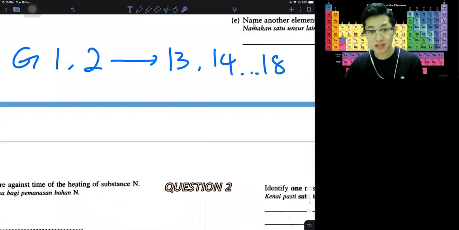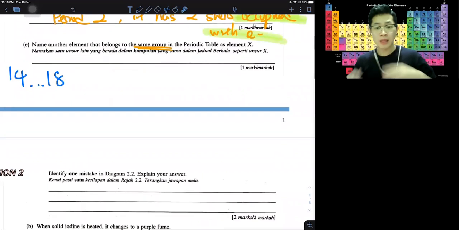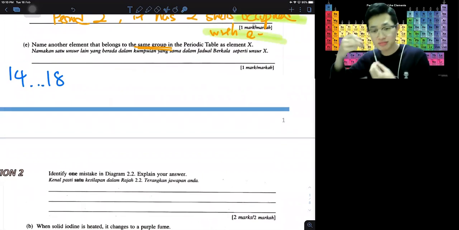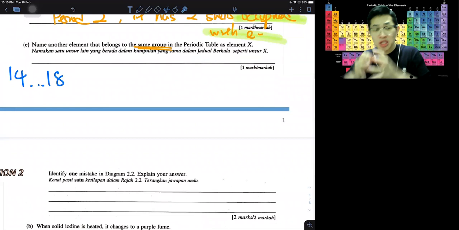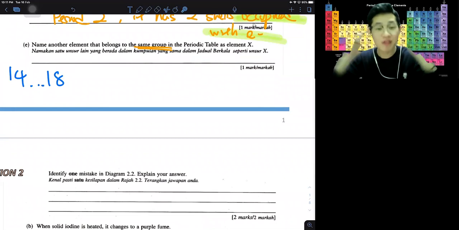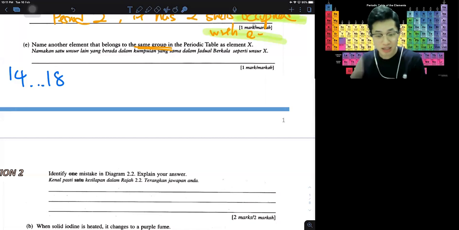Understand? Okay. So from this question, I can tell you that in paper 2, you will always get a periodic table. So in order to know it, you can refer to the periodic table. So group 13 is what?